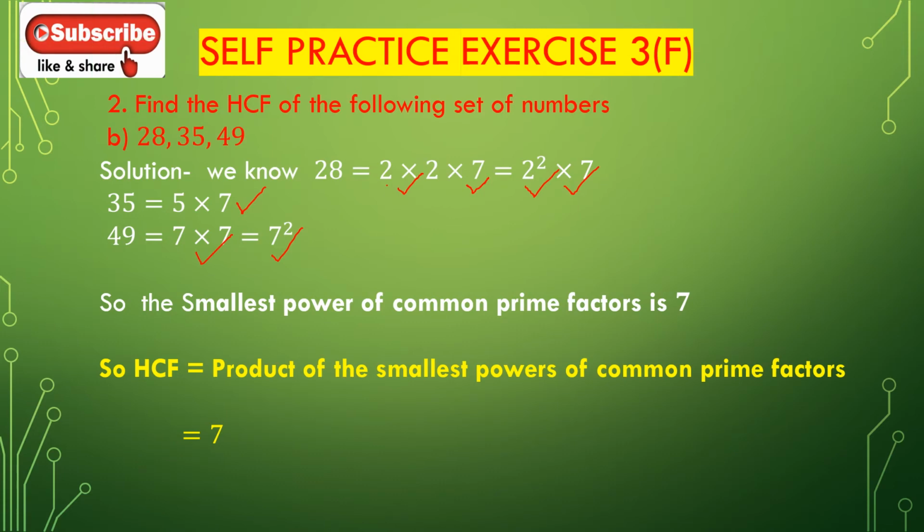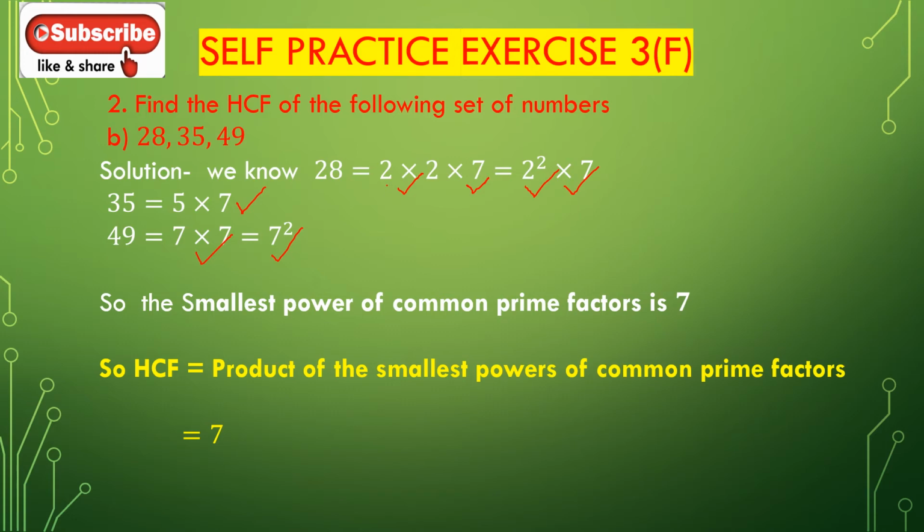Now the smallest power of common prime factors in these three numbers. In 28 there is 2 squared, so the prime factor 2 is there, but in 35 and 49 there is no common prime factor, there are no prime factors of 2.